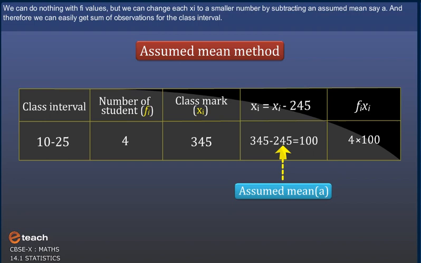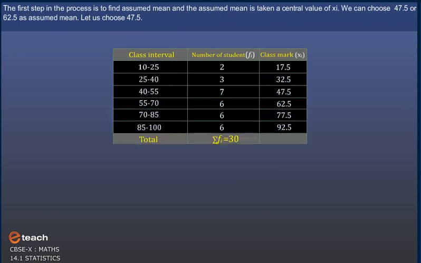And therefore, we can easily get the sum of observations for the class interval. The first step in the process is to find the assumed mean, and the assumed mean is taken as a central value of xi. We can choose 47.5 or 62.5 as the assumed mean.